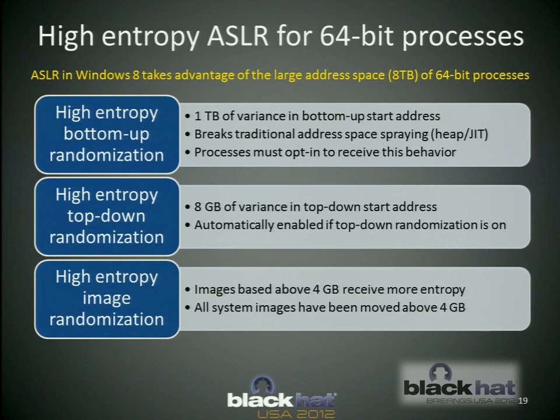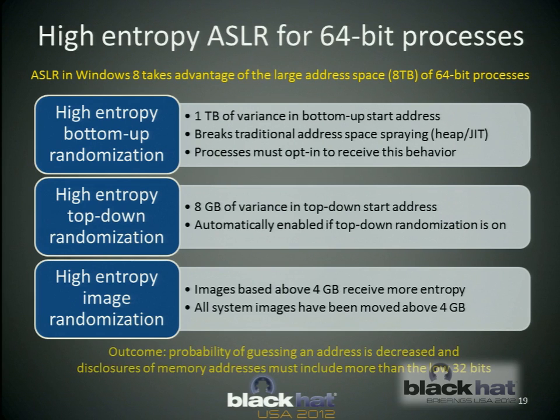And finally, we've taken steps to increase the amount of entropy that images receive, specifically images that are based above 4 gigs. As a result, we've moved all of the system images above 4 gigs so that they can take advantage of this. And when I say above 4 gigs, that means their preferred base address is above 4 gigs. The outcome here is that because we've increased the amount of entropy that 64-bit processes receive, the probability of guessing an address is significantly decreased.